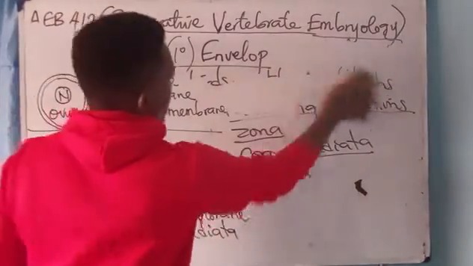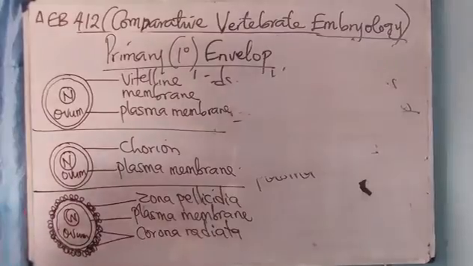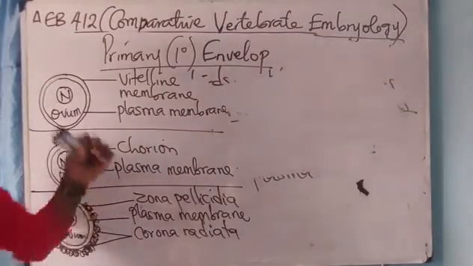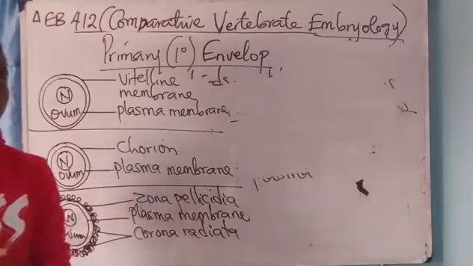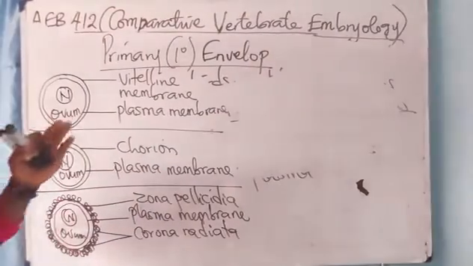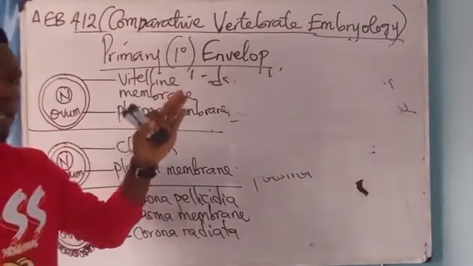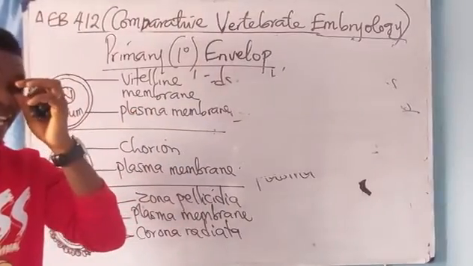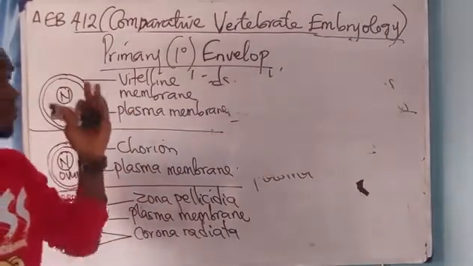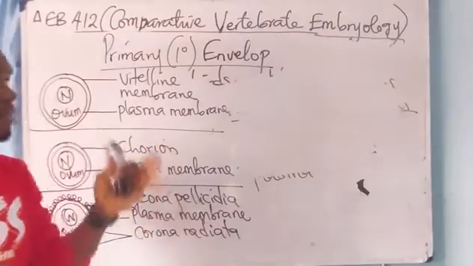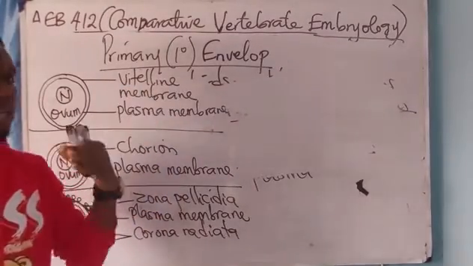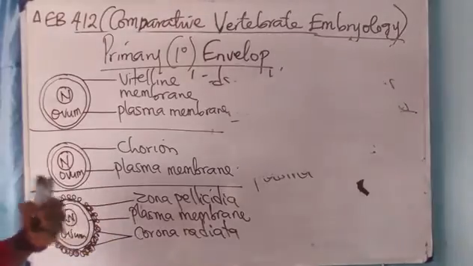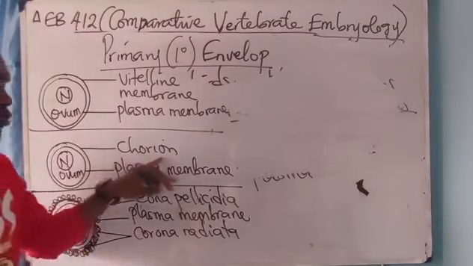Let us now treat the secondary envelope. I said the primary envelope is an envelope that develops inside the ovary between the oocyte and the follicle. The egg envelope in insects, birds, reptiles, amphibians, and mollusks is called vitelline membrane. The egg envelope in fishes and tunicates is called chorion.